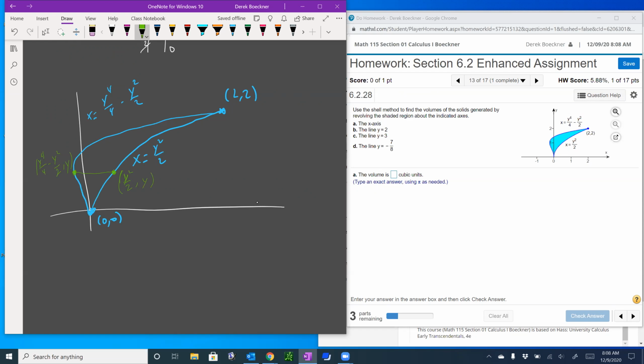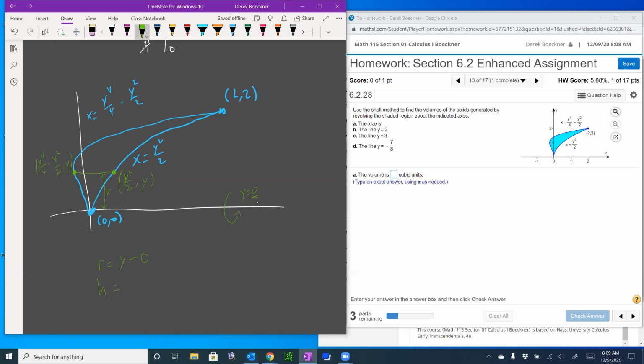And now for A, we want to rotate around the x-axis, which is at the line y equals 0. Okay. So my radius is, well, it's the change in the y values. So that's going to be y minus the y on the axis of rotation, which is 0. So our radius is going to be y minus 0.